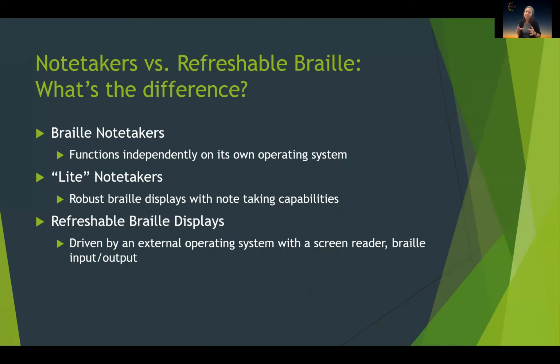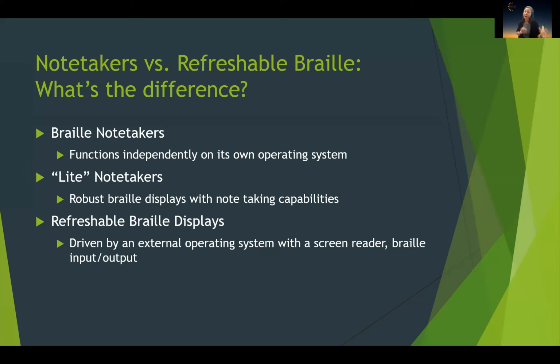So they have limited function on their own, but they can also be paired with an external device like a tablet or computer with a screen reader and become even more robust. Then there are refreshable Braille displays, which I feel this category is starting to dwindle, and you will see that too today. It is driven by an external operating system.